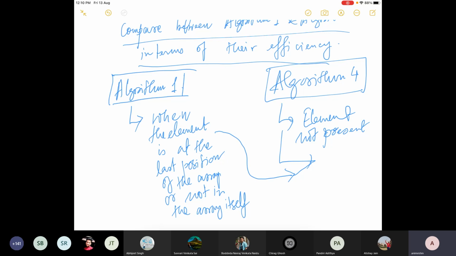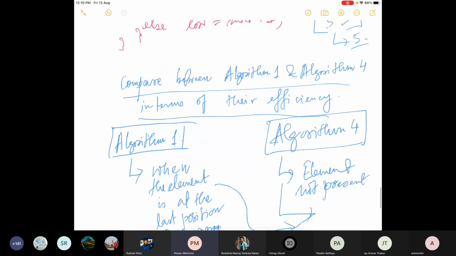Either X is not inside the array at all, or the array is sorted in non-decreasing order. Sir, or X is at the extremes.